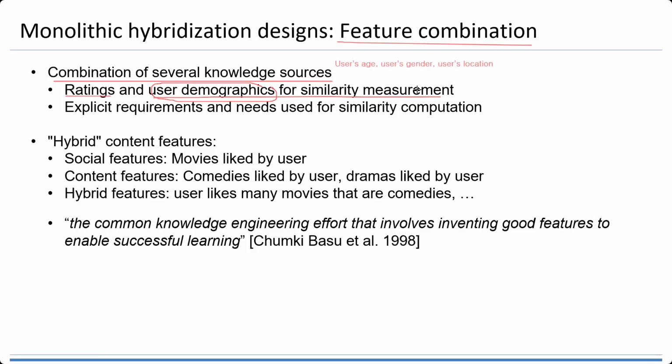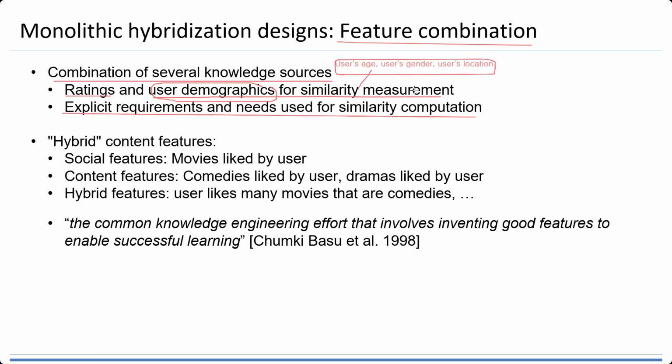And we can see the similarity. If the demographic is similar, then we can have a high certainty about the rating. We call this explicit requirements and needs for the similarity computation.